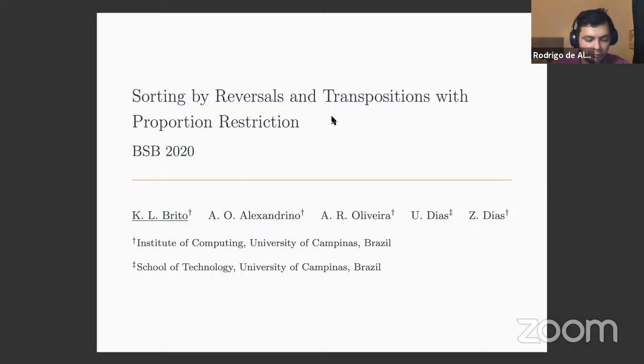Those are for standard permutation. So maybe it's possible to improve the approximation factors.